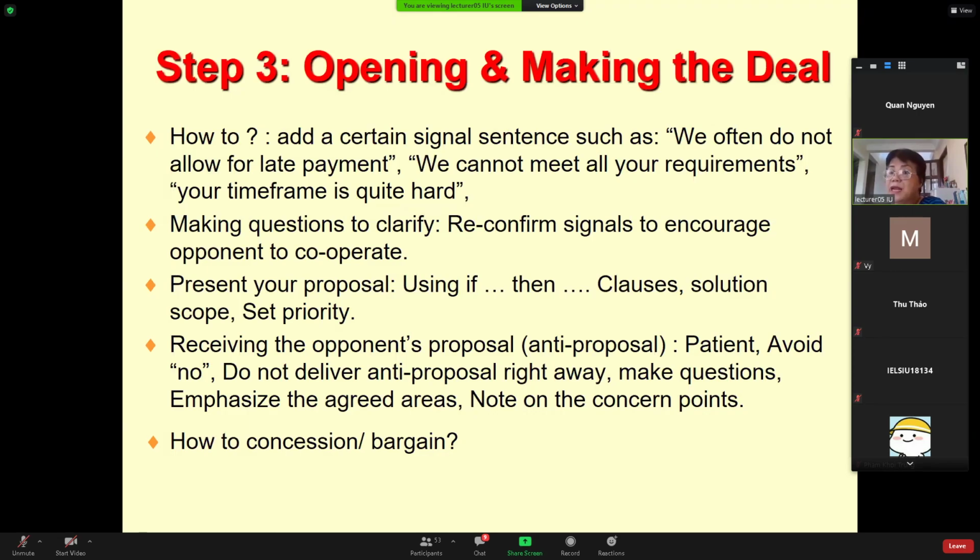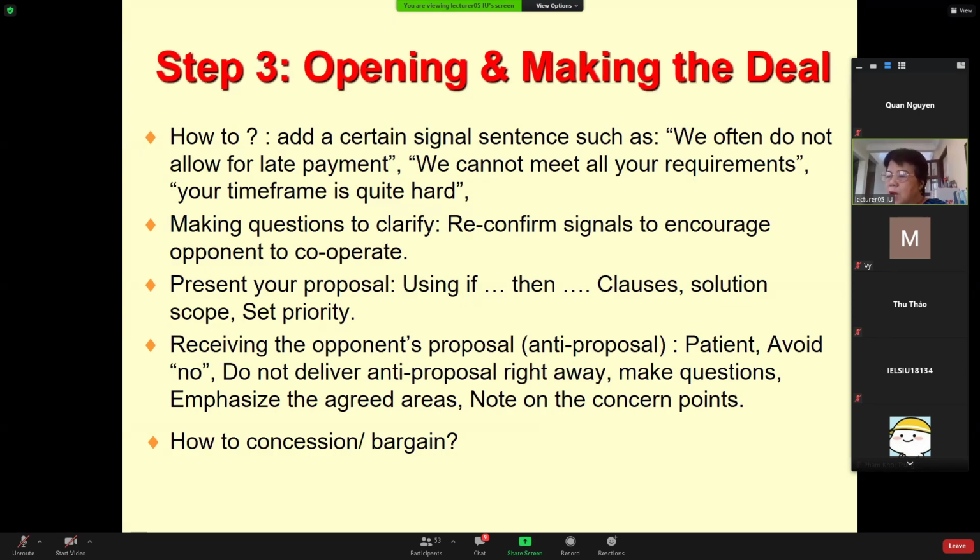Step 3 is opening and making the deal. There are many ways, assuming that you are in the negotiation meeting, okay? After we try to understand, we share our emotion. We talk about the logic.